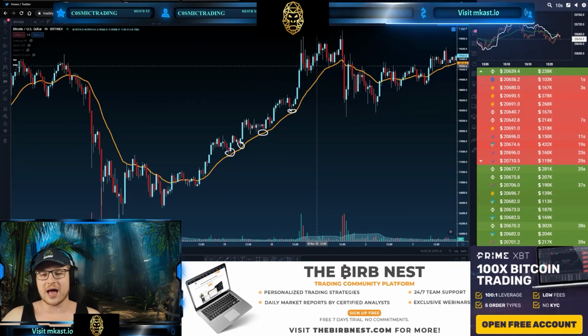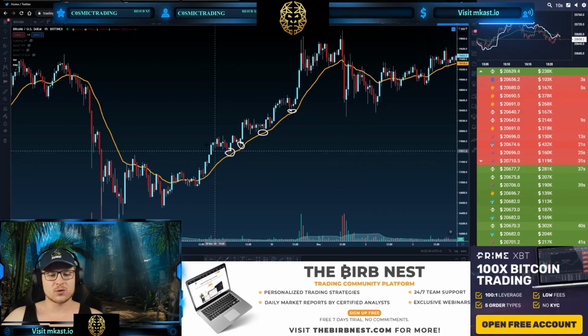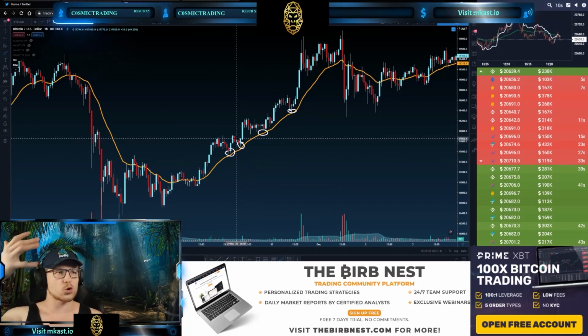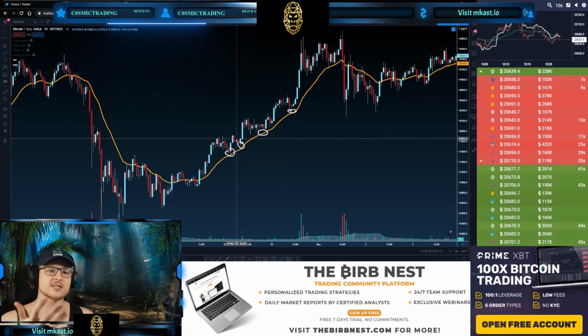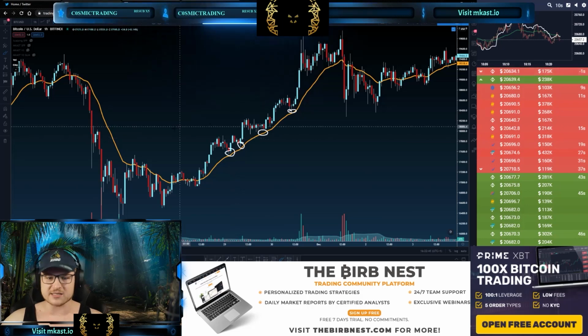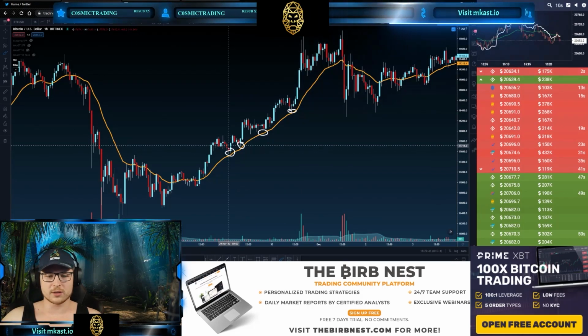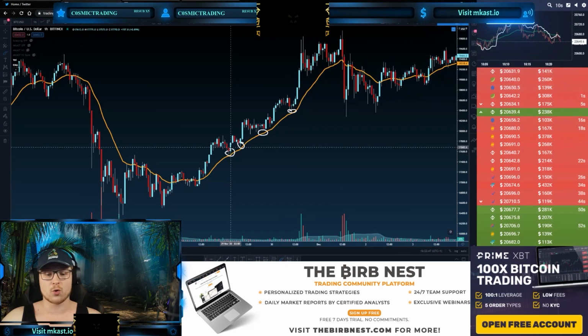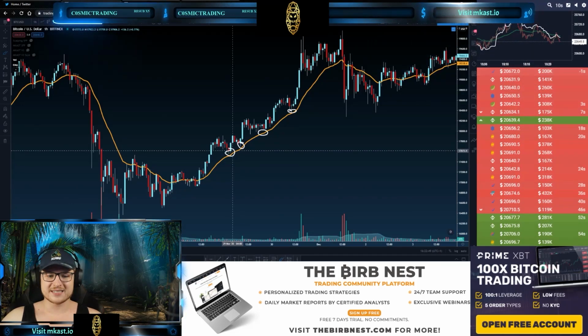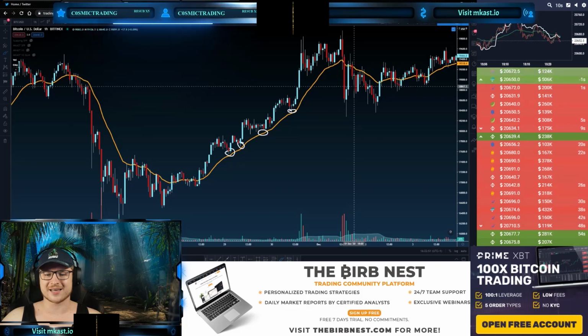In this case, we have the support. And our rule that we know is, we buy at support and we sell at resistance. So right here, we are looking at our beautiful support, the moving average taken as support. Anytime it hits it, we buy.